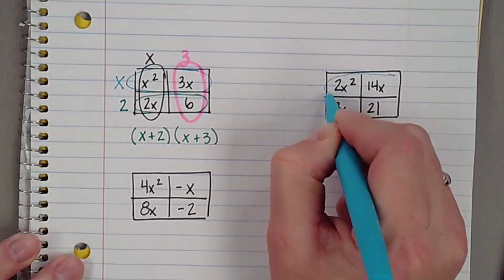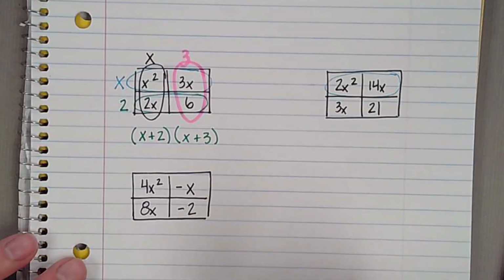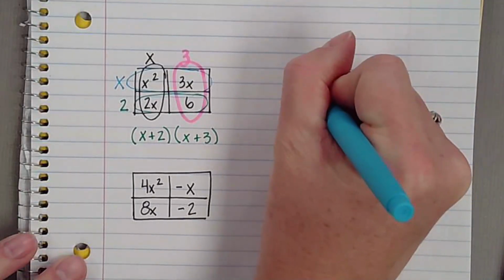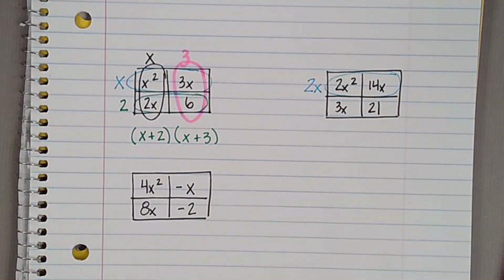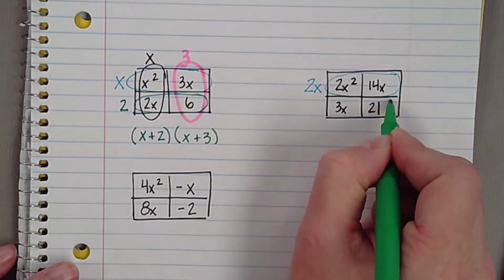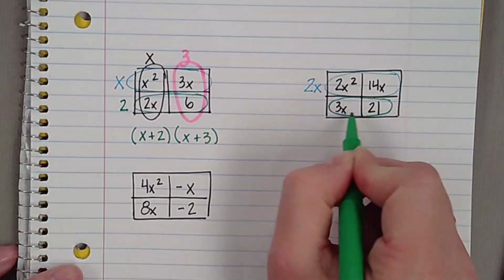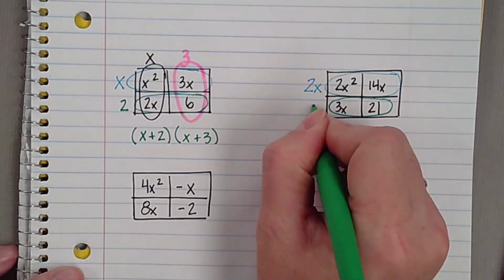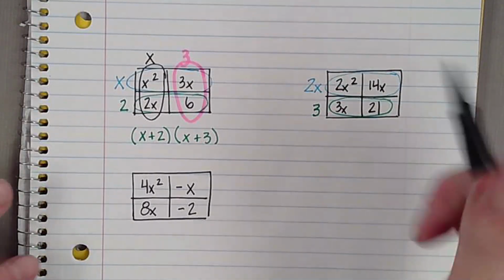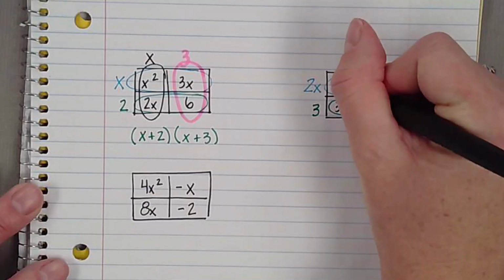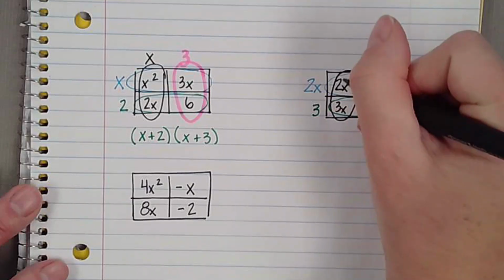So if I look at this row, think about what the GCF is. I think they have a 2 and an x in common on that row. On this row, they don't have an x in common, but I think they have a number 3 in common. On this column, I think they only have an x in common.